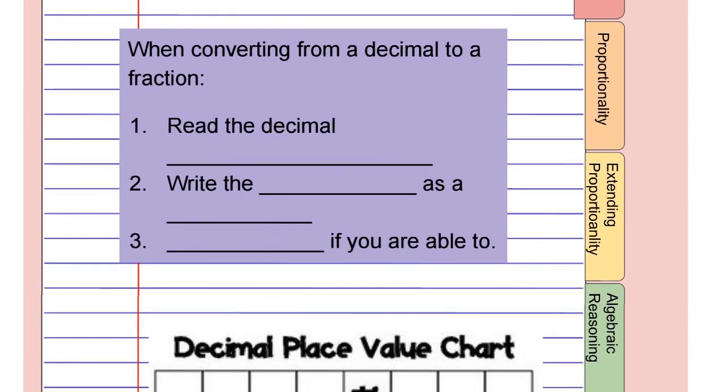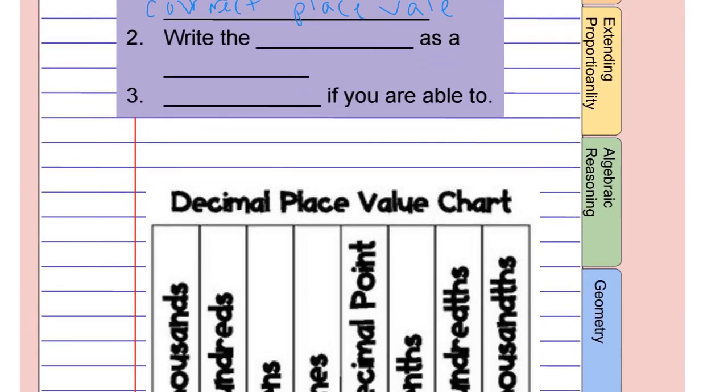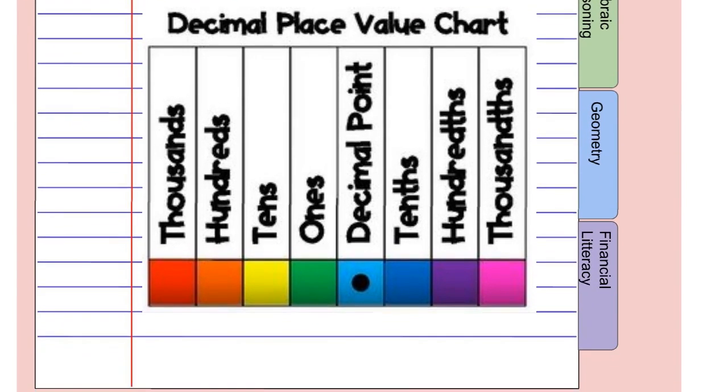Okay, the first step is to read the decimal using the correct place value. By that, what I mean is I don't want you guys to say, oh, it's 0.1 or oh, it's 0.5.